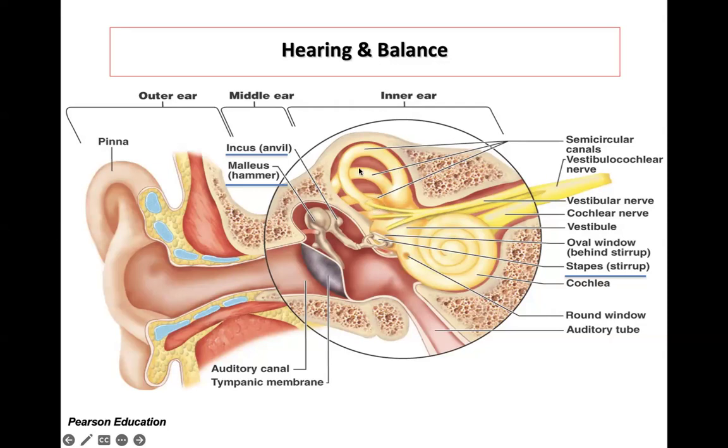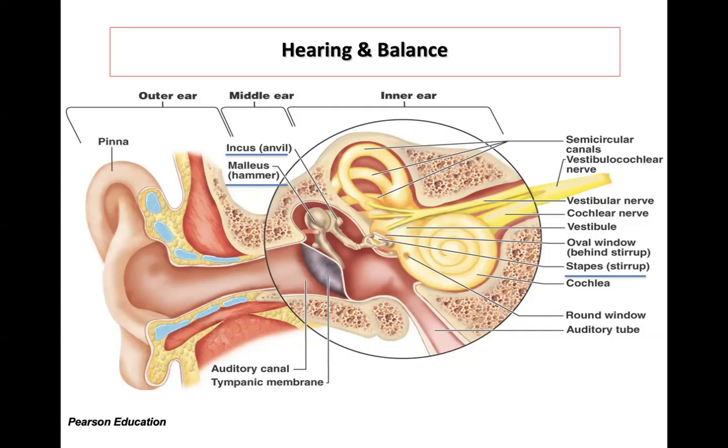These areas together, the area that controls balance, we also call vestibular. So we have the vestibular nerve coming out from the semicircular canals and these areas here. Together, they combine into a big bundle called the vestibulocochlear nerve.